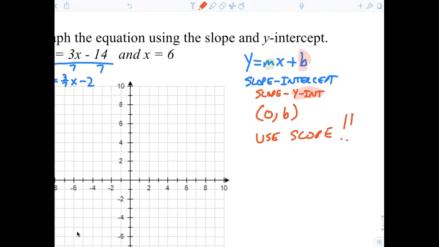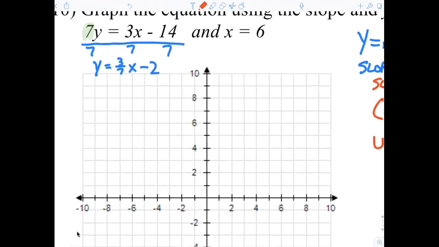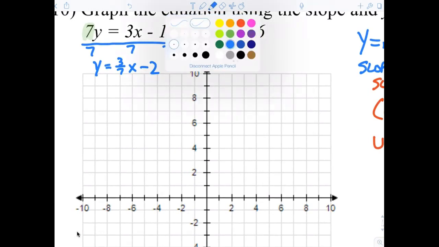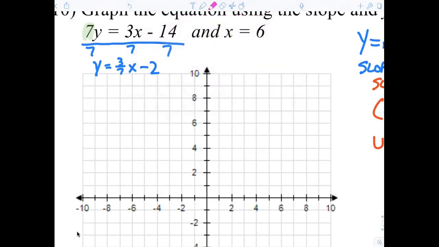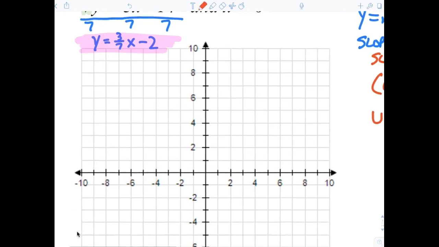So in our problem, somebody please tell me what the y-intercept is. Is it 7? In our problem right here, what is the y-intercept? Tell me. You are awesome. -2. So I plot the point 0, -2. Everybody plot the point 0, -2.